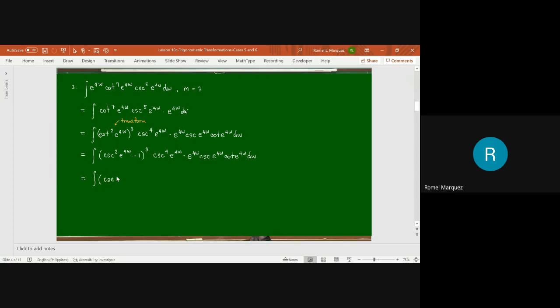Cosecant to the 6, the cube of the first. Am I right, guys? Minus 3 times the square of the first times the second, plus 3 times the first times the square of the second, minus the cube of the second.